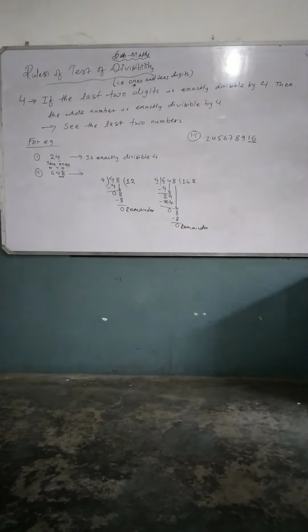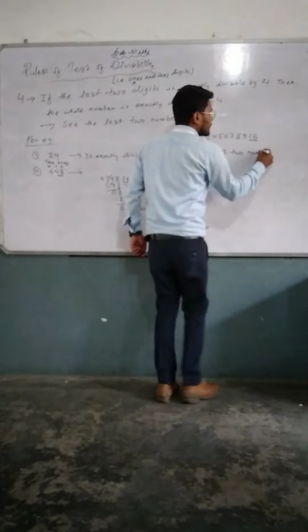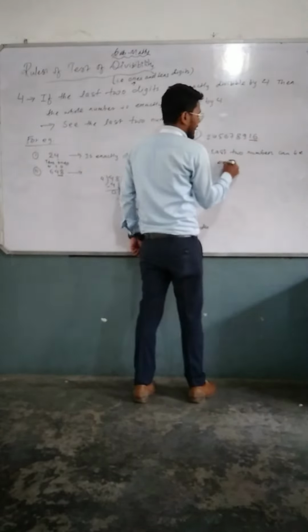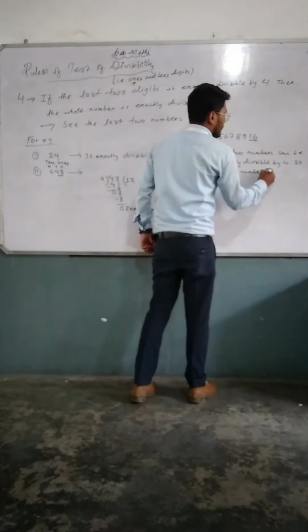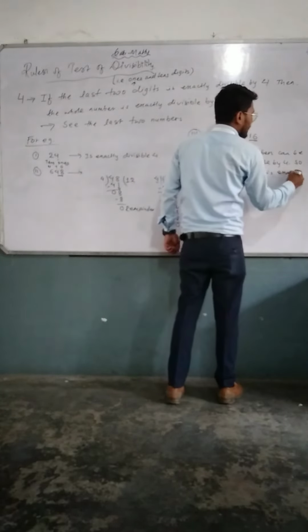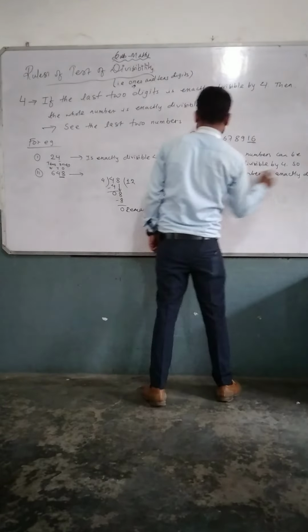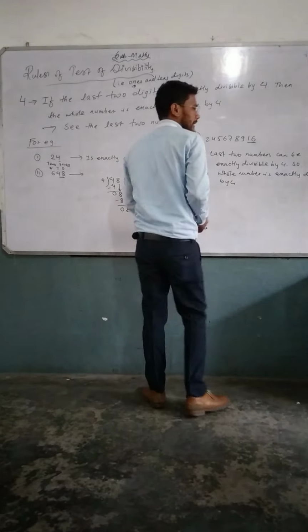That means here the last 2 numbers can be exactly divisible by 4. So the whole number is exactly divisible by 4 only.